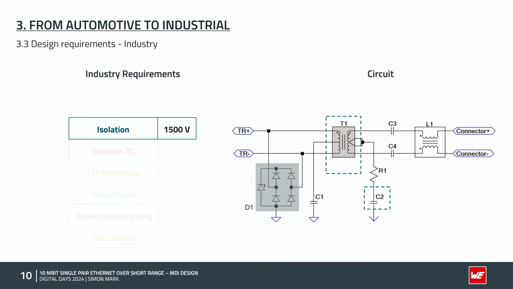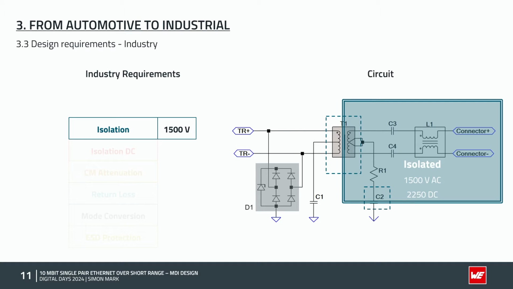In our case, we have the magnetics, one transformer, T1, and the capacitor C2 to establish also an isolation between the wire and the ground of the whole circuit behind, like the IC and all the intelligence behind it.